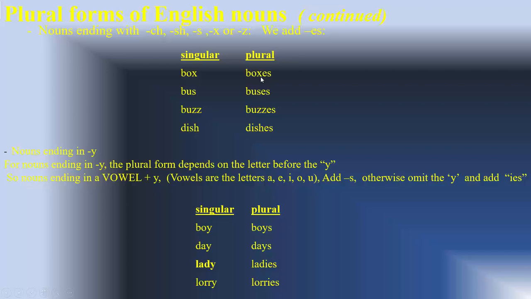No, we should separate the x from the s of the plural. So we say boxes, bus, buses, buzz, buzzes, dish, dishes. So when a noun ends with ch, sh, s, x, or z, we add es.